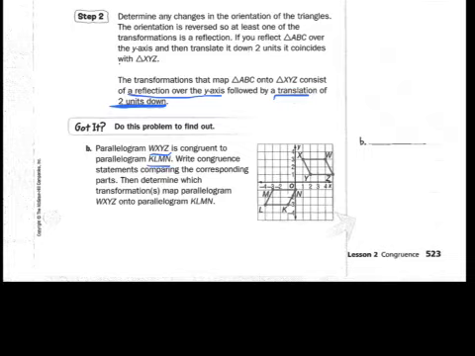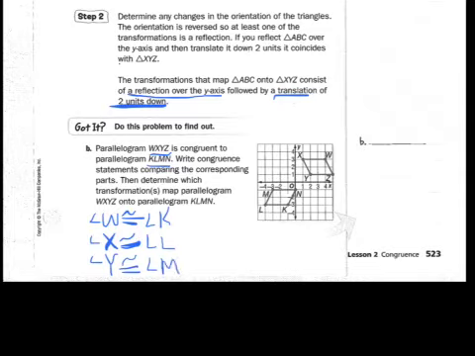I know that angle W is congruent to angle K, and I know that angle X is congruent to angle L. Remember, I'm just going by my letters, not really looking at the picture. And I know angle Y, since it's the 3rd letter, is congruent to angle M. And angle Z is congruent to angle N.